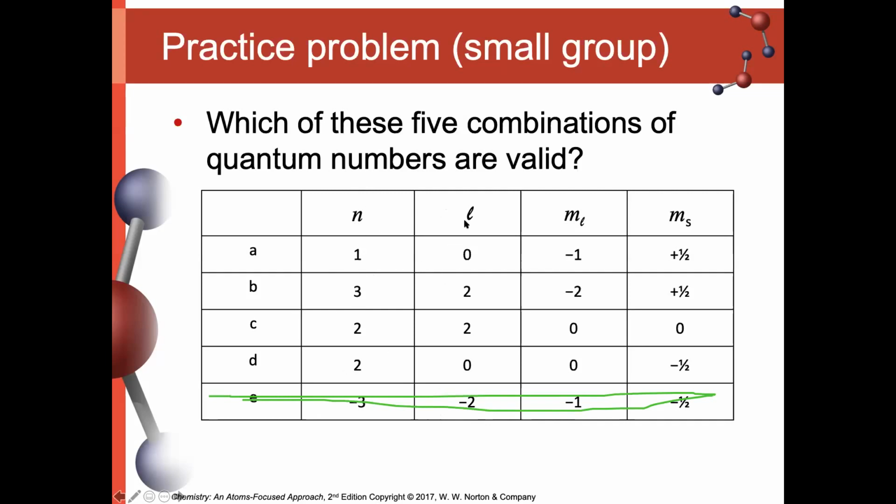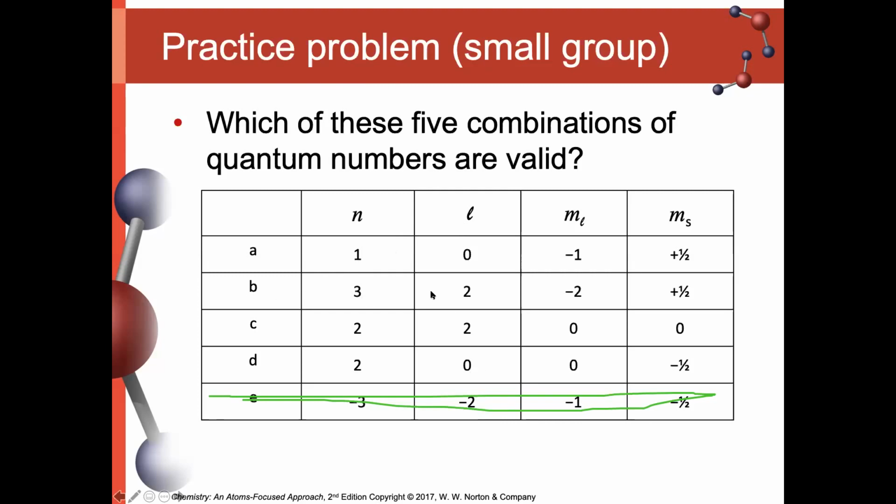Now let's go to the next one. If I'm in the first energy level, is it possible to have an s orbital? The answer there is yes. Every energy level has an s orbital. So this one's okay, and D is okay by the same logic.